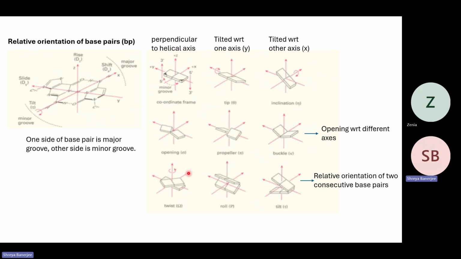They can be twisted with respect to each other. Here two base pairs are bent in such a way that they are opening up along this axis. This is the x-axis. That is called roll. Or if they are opening up along this axis, this is the y-axis. That is called tilt. So these are all different relative orientations of the base pairs.